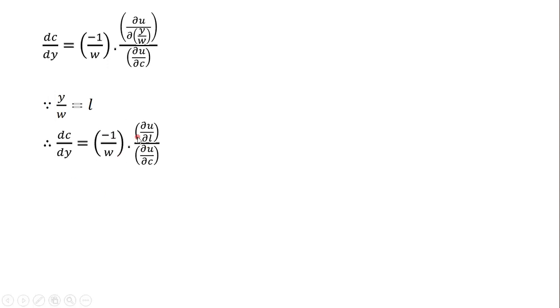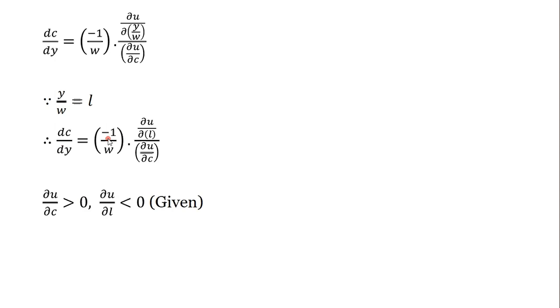It is also given in the question that the marginal utility from labor supplied is negative and the marginal utility of consumption is positive. So the ratio of negative and positive is negative, and negative multiplied by this negative number becomes positive. So our dC by dY becomes positive.